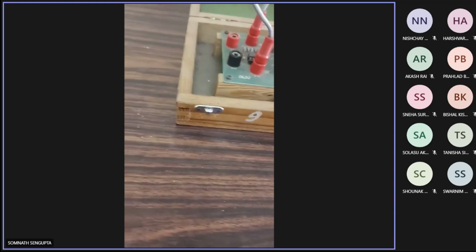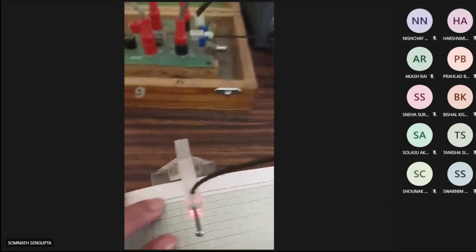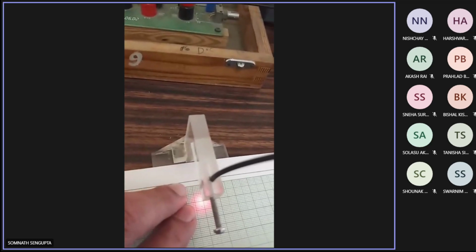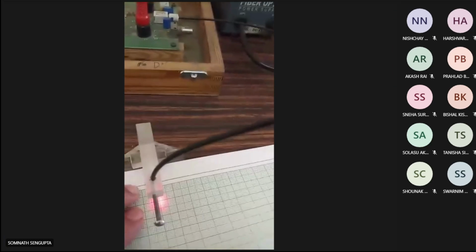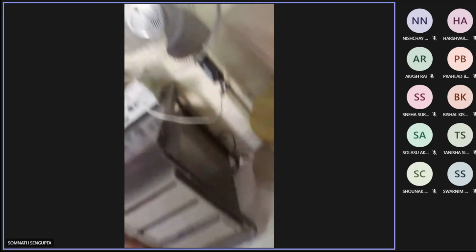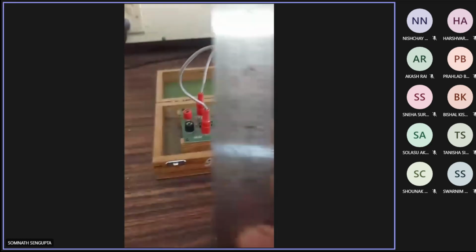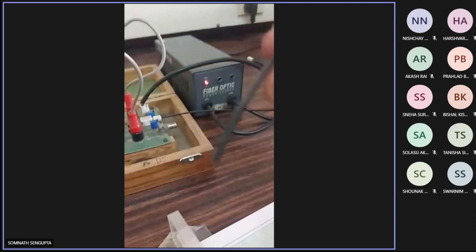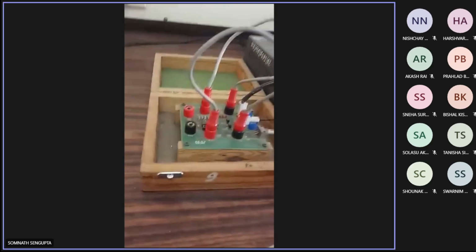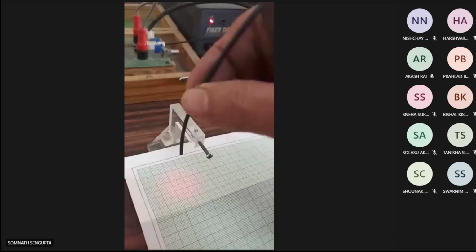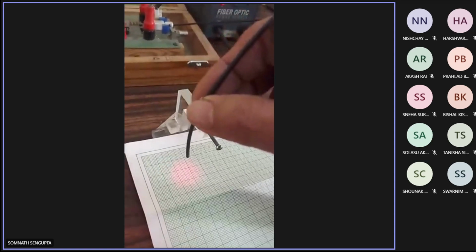Now we'll use one paper and note down the readings. And you need a scale. So this is the scale. So what we do, actually, this is the fiber, and we project the light coming out from the fiber onto the paper.